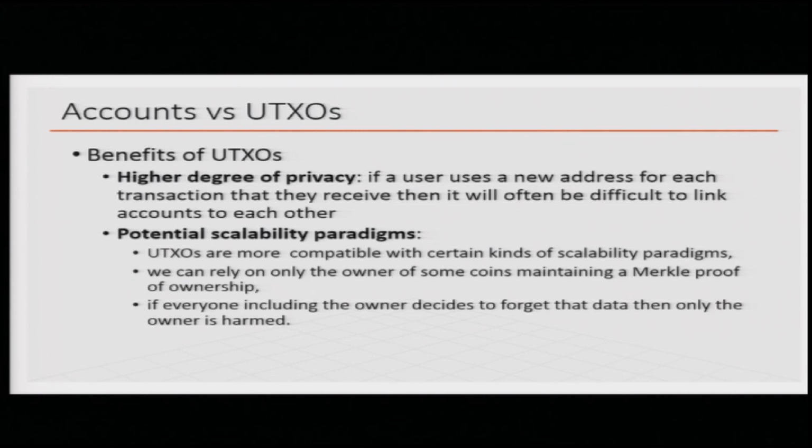So, the benefit of UTXO is that it gives you a higher degree of privacy. Because remember, in UTXO, let us say you have 25 Bitcoin and you are giving somebody 5 Bitcoin, but you give the 20 Bitcoins to a new address, and then when you want to spend those 20 Bitcoins, you have to use that transaction with that new address's private key to unlock the 20 coins, and let us say you give another 5 to somebody else, and then 15 you give to a new address.